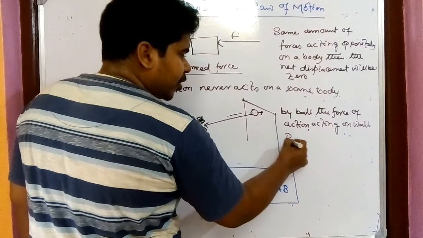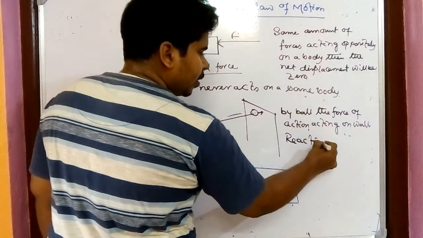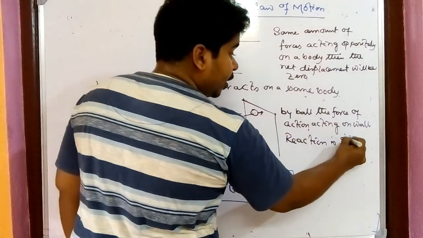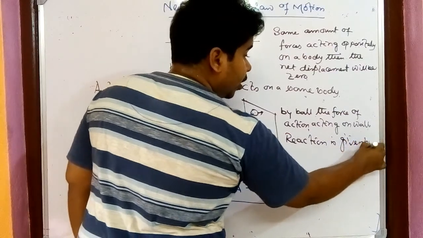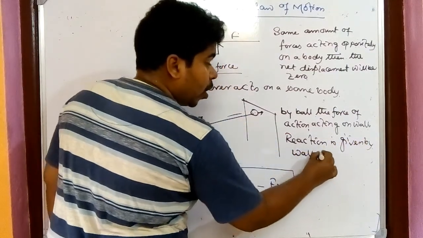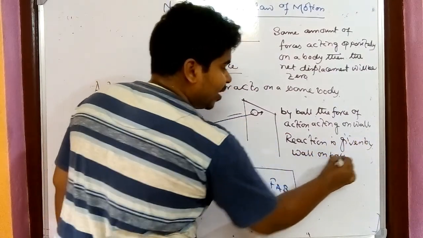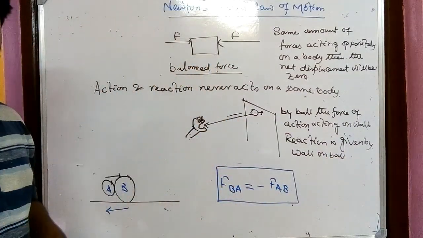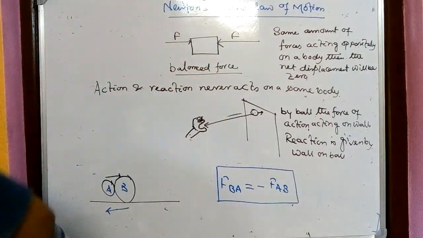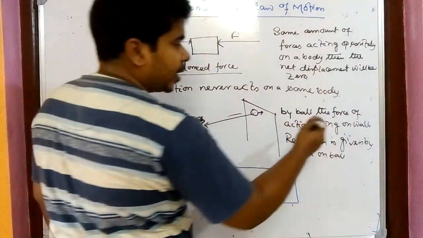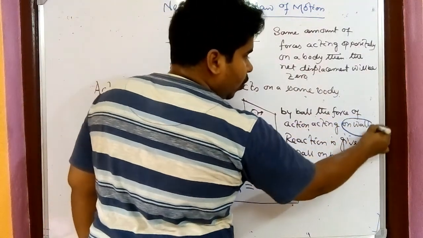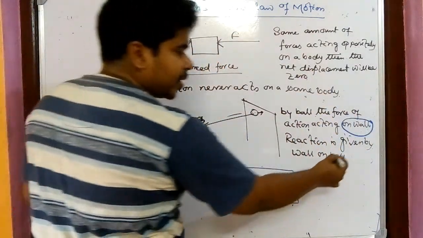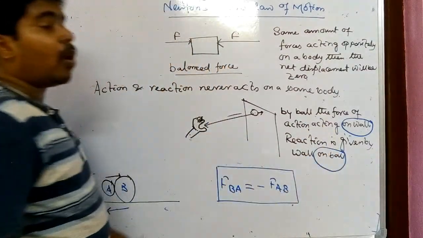So the reaction is given by the wall on the ball, and that's why the ball returns back. So the action is acting on the wall, where the reaction is acting on the ball.